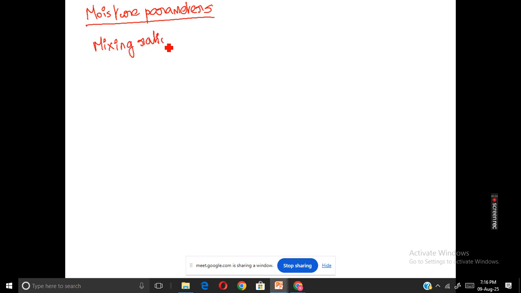Mixing ratio can be represented using small r. Mixing ratio is given by mass of water vapor by mass of dry air. Suppose we have 10 kg of dry air. Within this 10 kg, how much mass of water vapor is present?